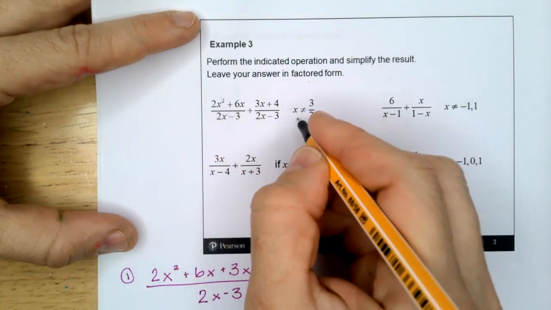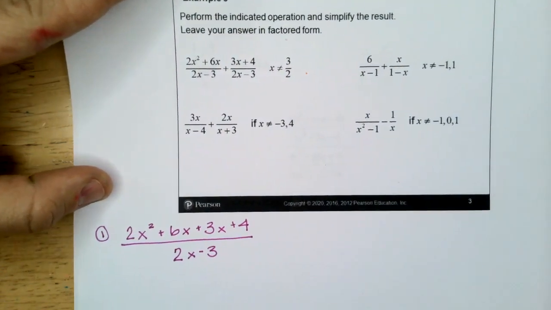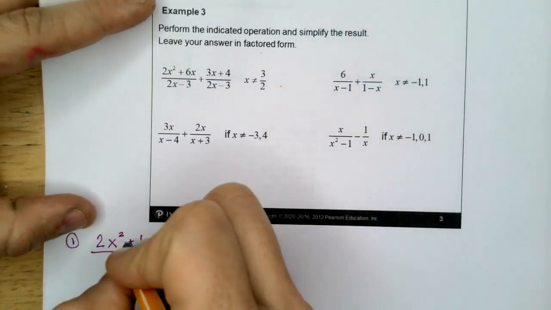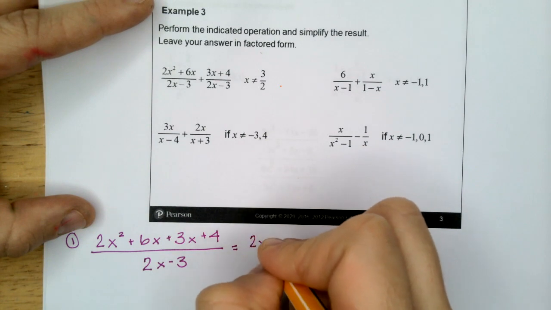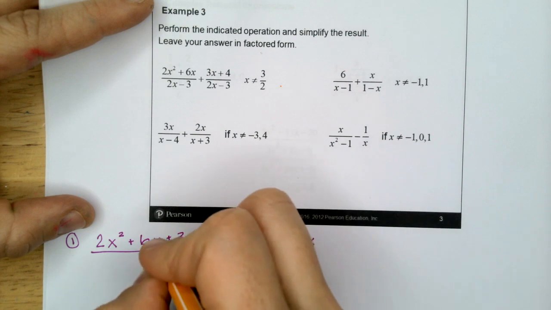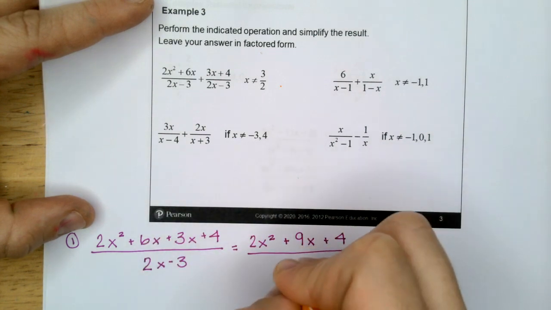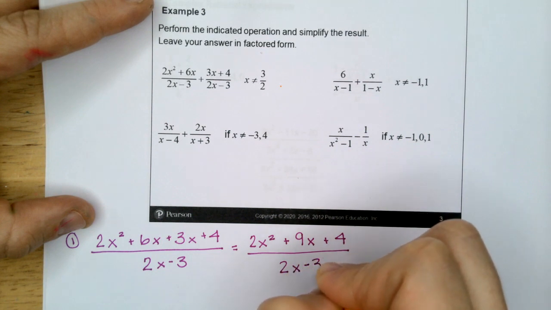We don't multiply the denominators together, we don't add them together, we just keep the same denominator. Okay, now just combine like terms. 2x squared plus 9x, right, because 6x plus 3x is 9x, plus 4 over 2x minus 3.